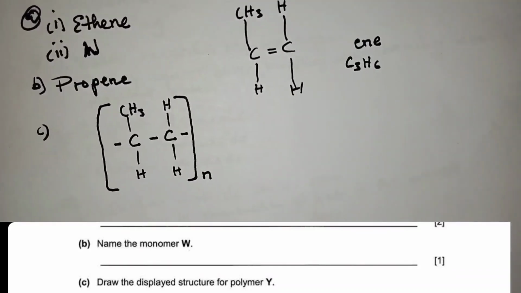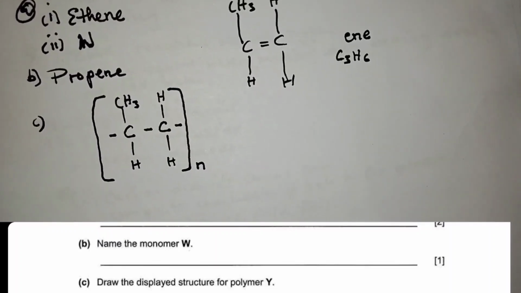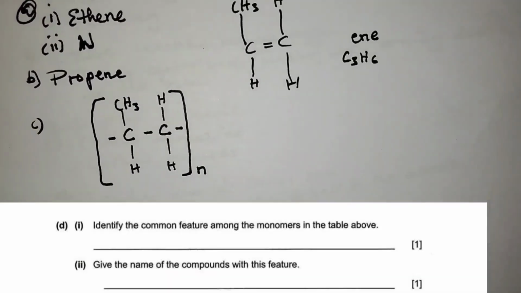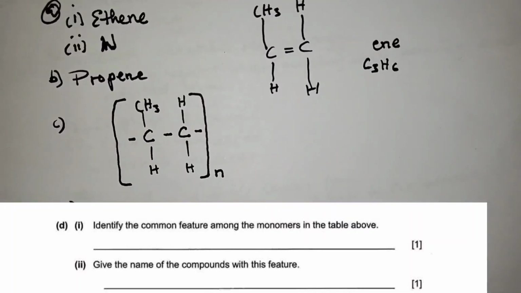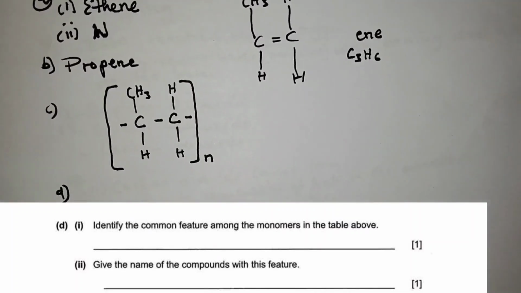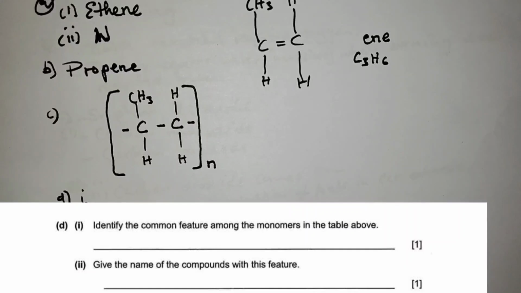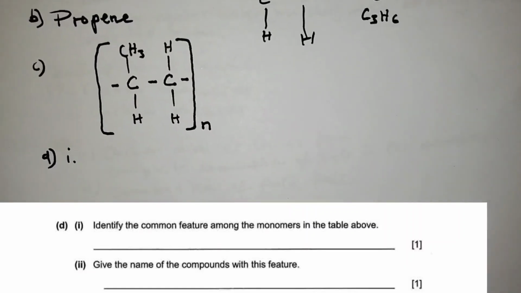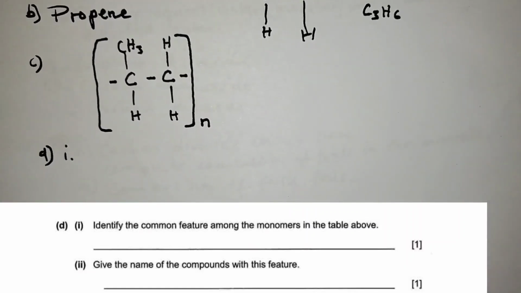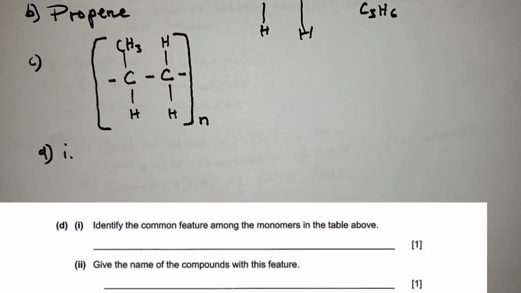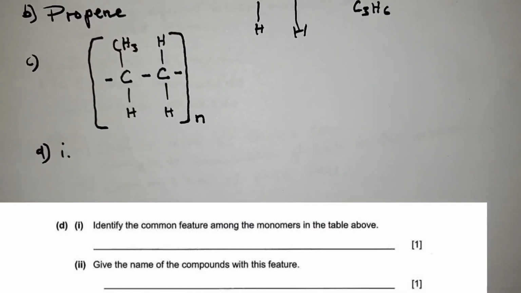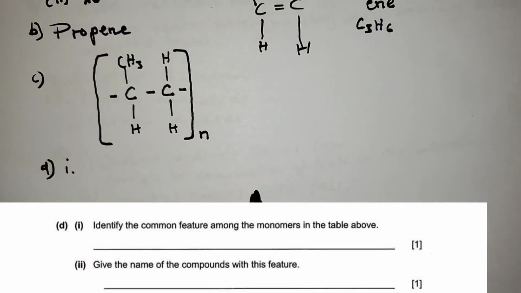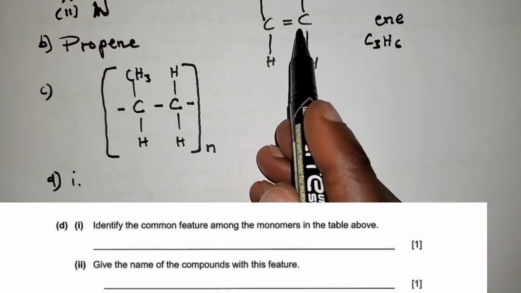Let's go to question D. We are still under organic chemistry. So D is saying D1. Identify the common feature among the monomers in the table. So the common feature, when you look at it, they all have the double bond.